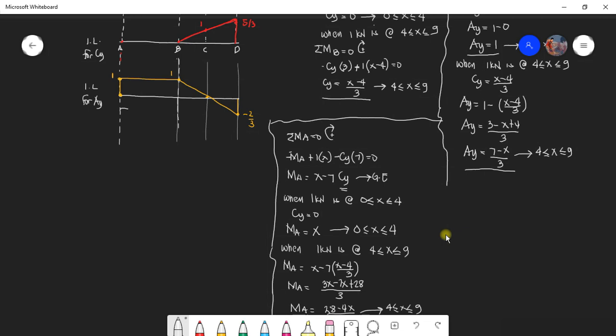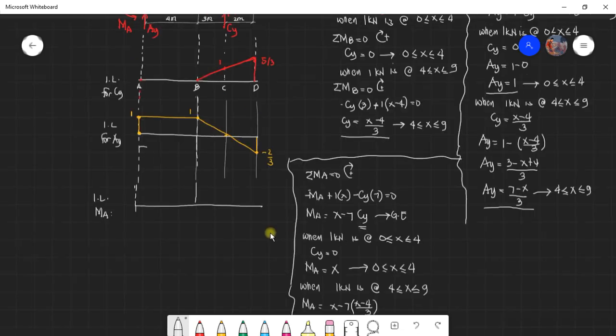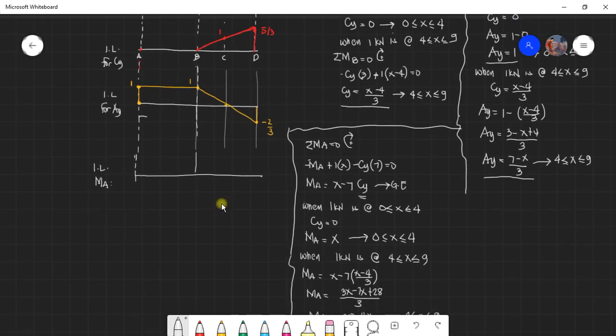Okay, so we can now draw your influence diagram. So, your influence diagram now for MA, IL for MA. So, starting from when the unit load is at A, which is at x is equal to 0, ito yung gagamitin natin equation, so 0 to.